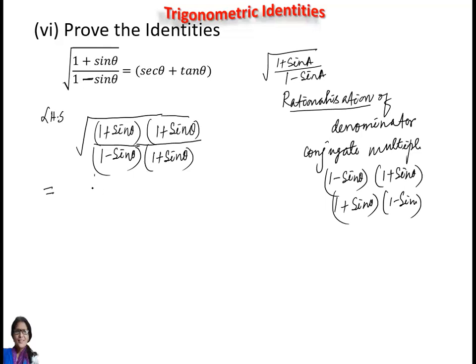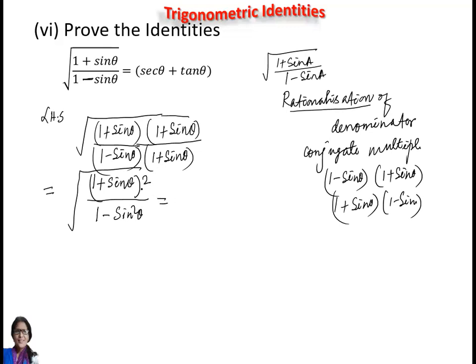Then what you are getting in the numerator is a square, and in the denominator you are getting 1 minus sine square theta. See, just algebraic identities, a plus b into a minus b.